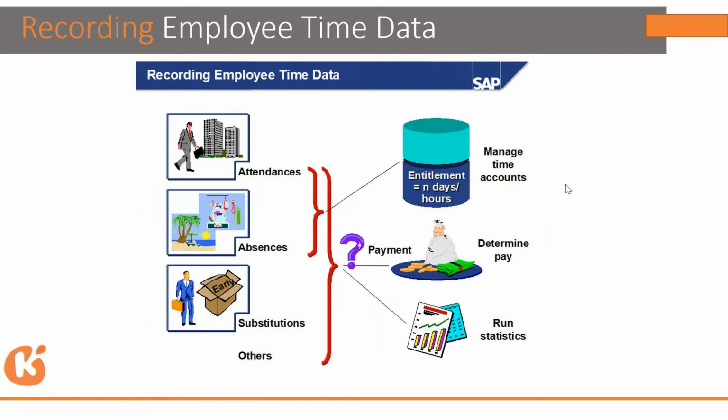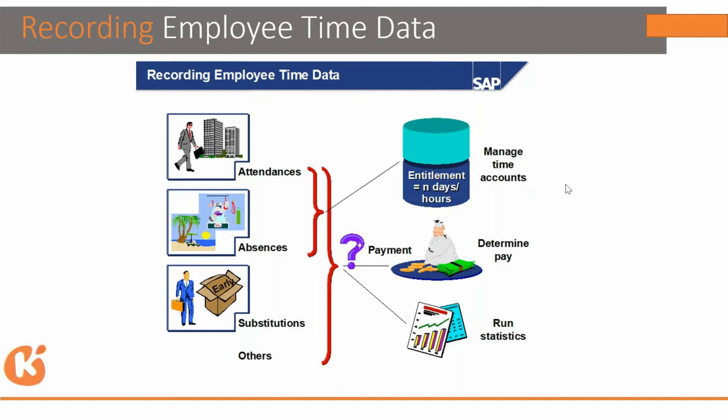In the next slide, we can see attendances, absences, and substitutions. These three are clubbed into managing time accounts. Attendances means the employee-updated timesheet data, which will be recorded in the attendances infotype, infotype 2002. Absences means if an employee applies for leave, long-term leave, maternity leave, or short-term leave, any kind of leave will be recorded in the absences infotype, which is infotype 2001.